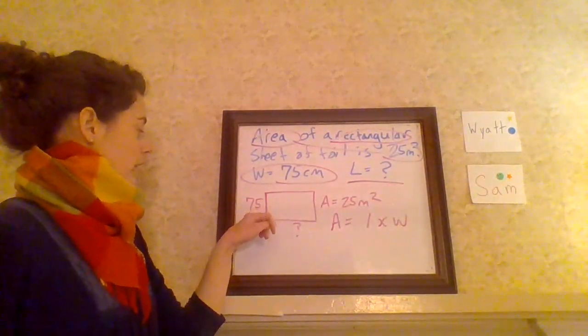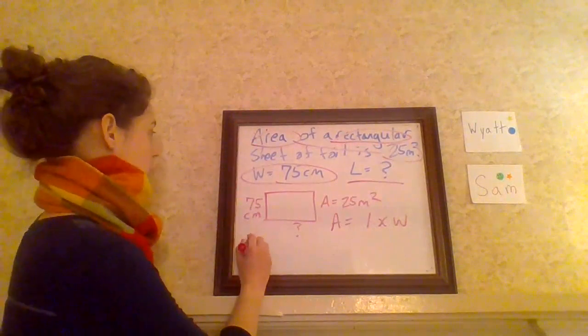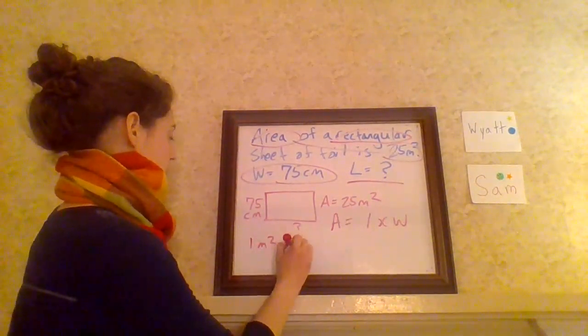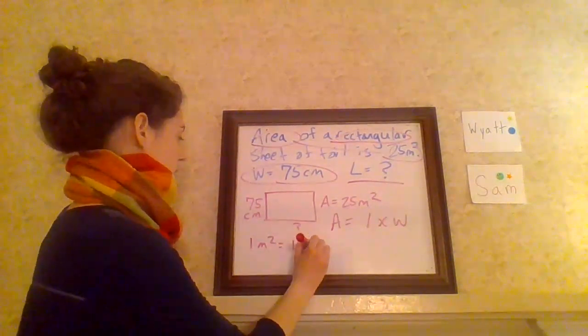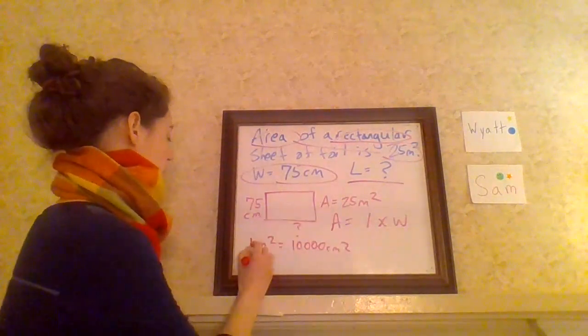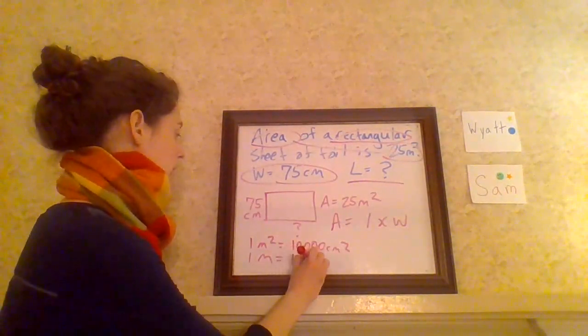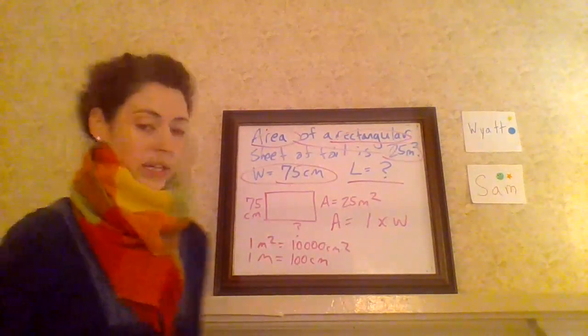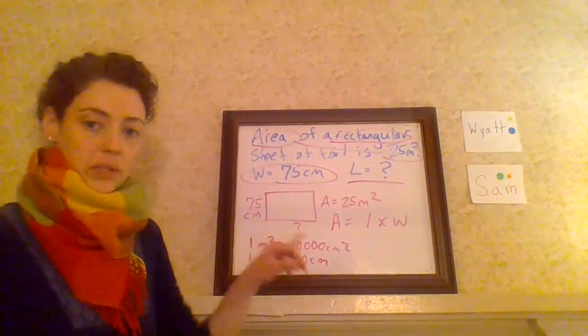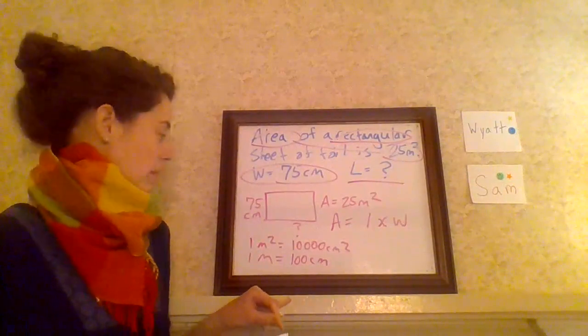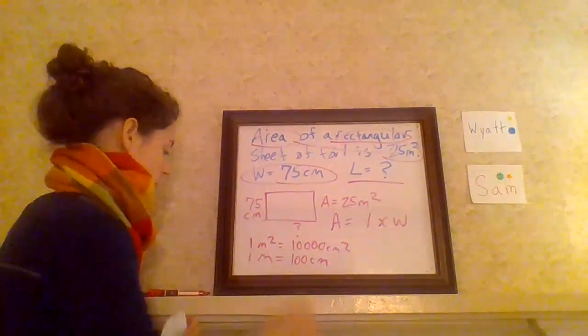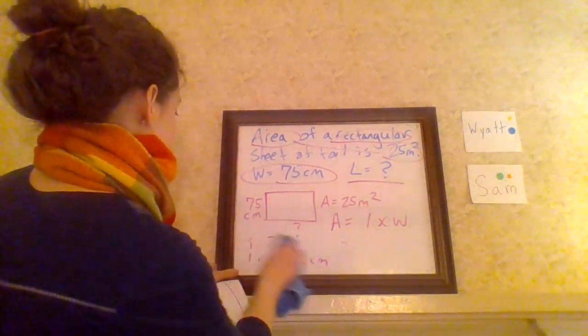But 1 meter is equal to 100 centimeters. So you have to keep those in mind when you're converting so you don't get mixed up.